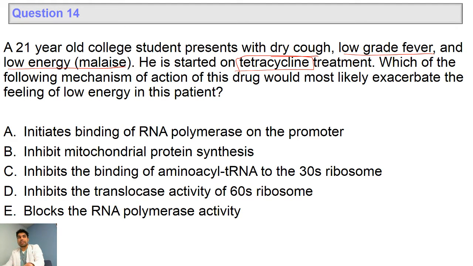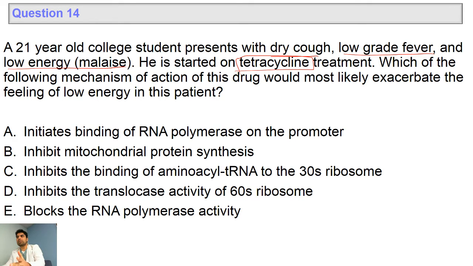Does it inhibit tRNA? Does it inhibit ribosome? Does it bind to the ribosomes? Which ribosomes? 40S? 30S. 30S is only found in bacteria. So if you treat a person who has bacterial infection, that means bacteria will not be able to reproduce itself.